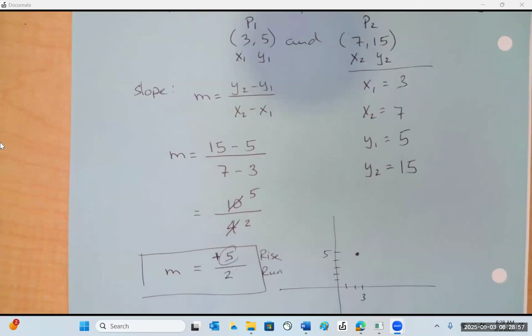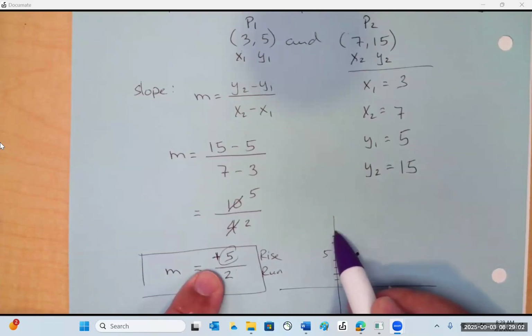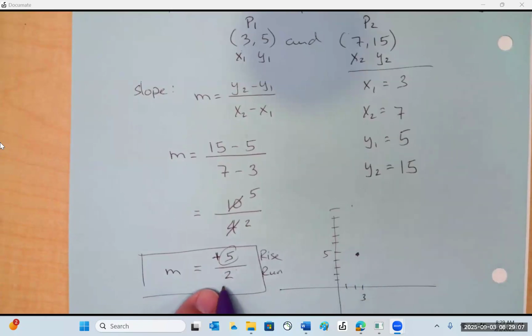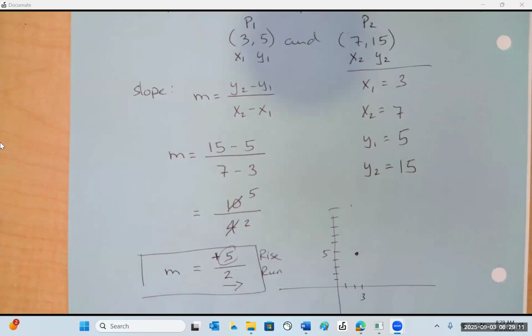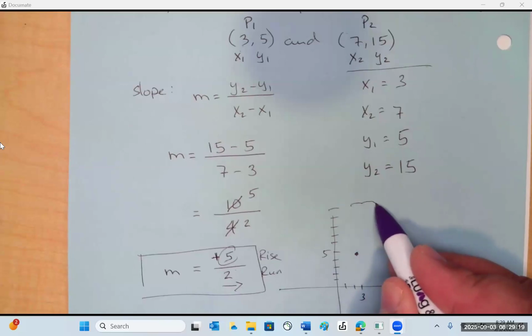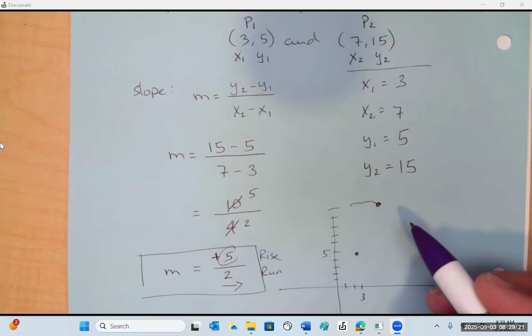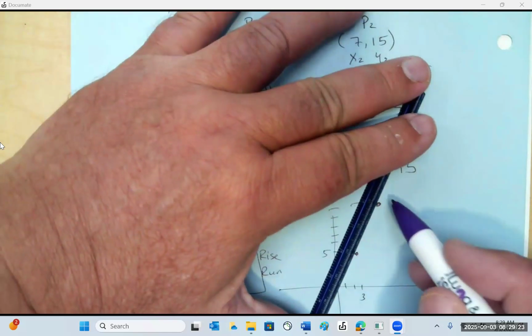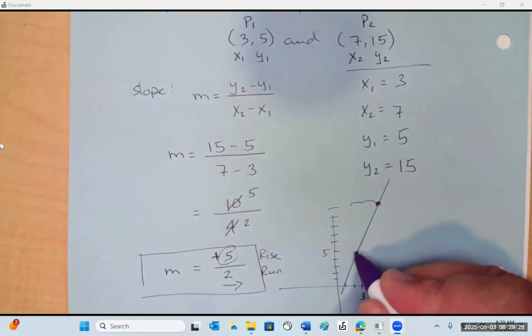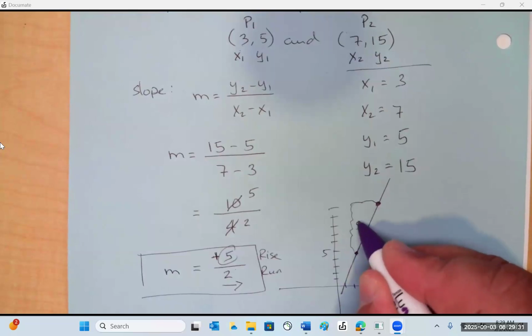It would go down. So from this point, we go up 5. 1, 2, 3, 4, 5. Now, the bottom number is always positive in fractions. So this says from this point, go 2 to the right. That's your next point. So there's your graph. Go up 5 and over 2.